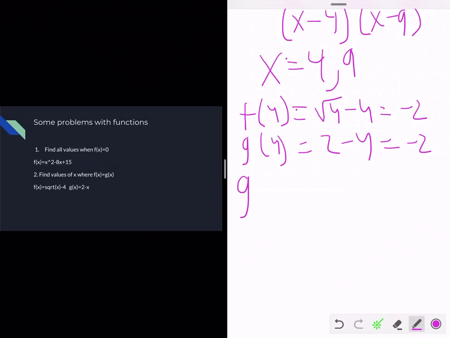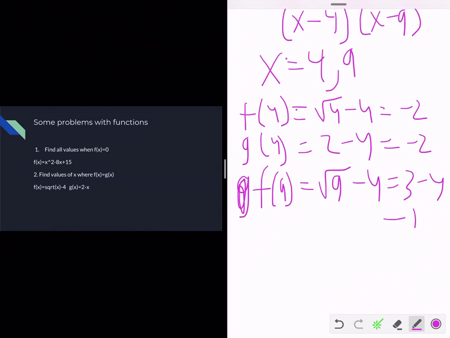But now let's try f of 9. The square root of 9 minus 4, 3 minus 4, negative 1. And now g of 9, you have 2 minus 9, which is negative 7. Negative 1 does not equal negative 7. So 9 cannot be an answer. So the real answer to this problem is x equals 4.